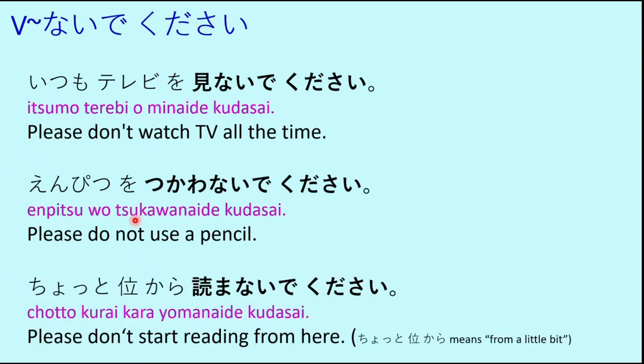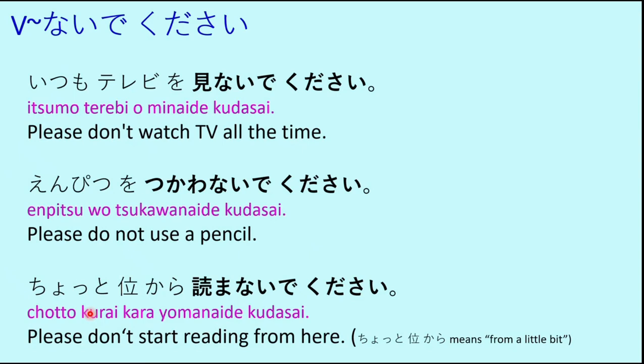Then we have chotto kurai kara yomanai de kudasai. So yomanai de kudasai means please do not read. Chotto kurai kara means from here. Please don't start reading from here.